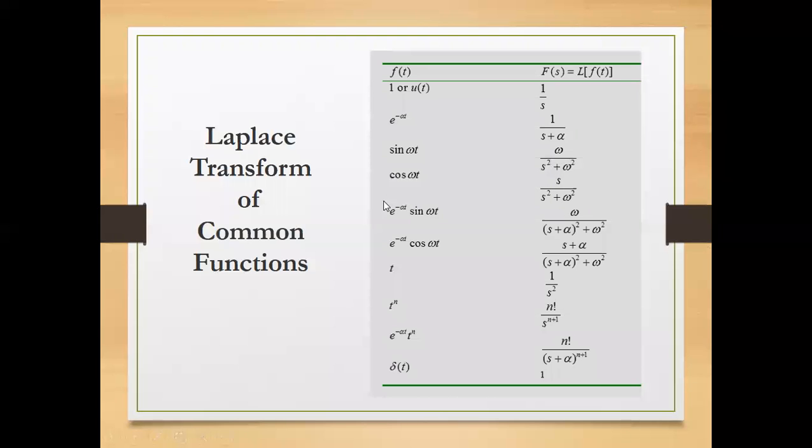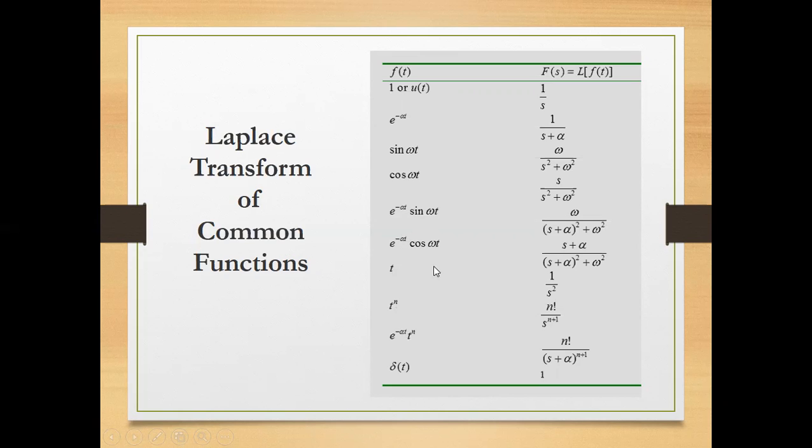Now, the next functions that you are seeing here are actually the shifted equivalent of the two functions you see here on top. Whenever you see an exponential function being multiplied to a sine function or a t function, in this case a t raised to n, the said original function is shifted. So we say that this t raised to n was shifted. This sine and this cosine omega t were shifted.